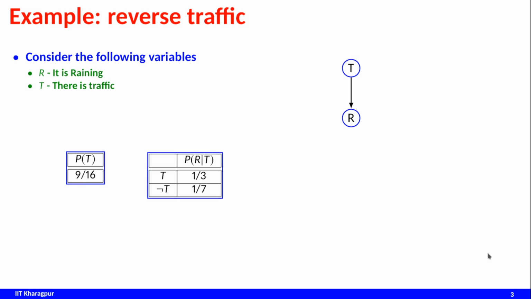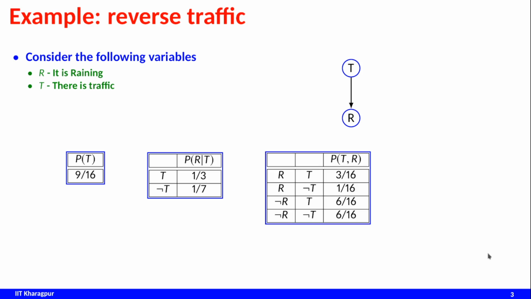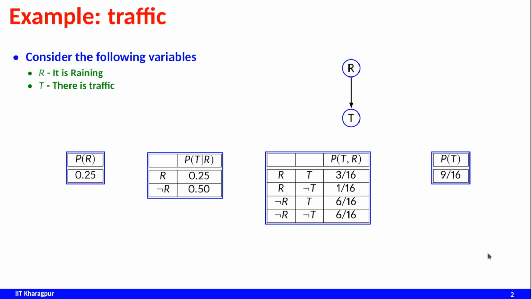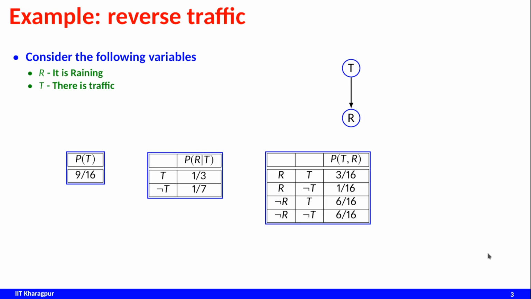Then the probability of rain given traffic, that we observe, let's say comes out to be this table. Once we have these two, we can find out the joint probability distribution. Interestingly, this joint distribution is the same as the previous joint distribution. So it is the same one.